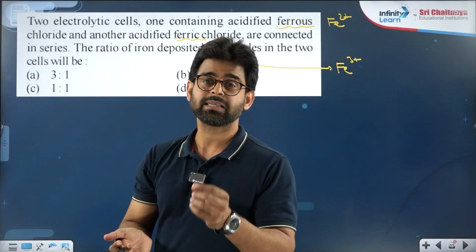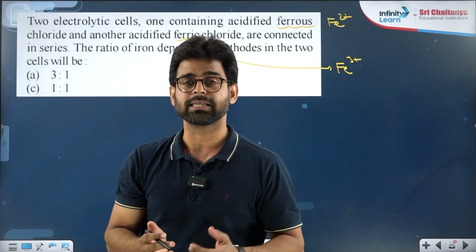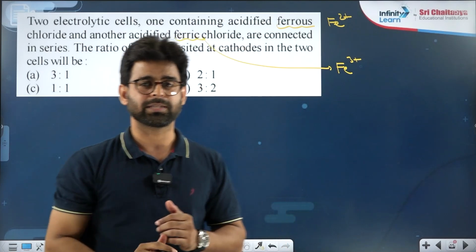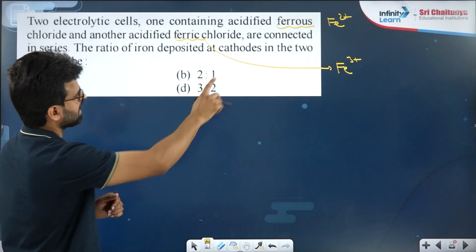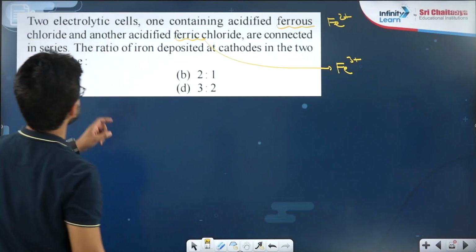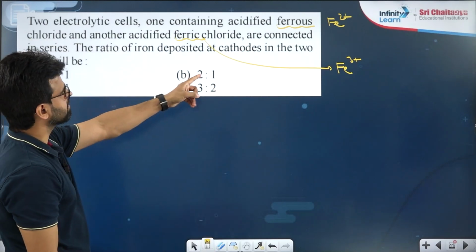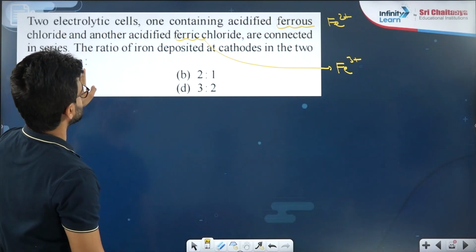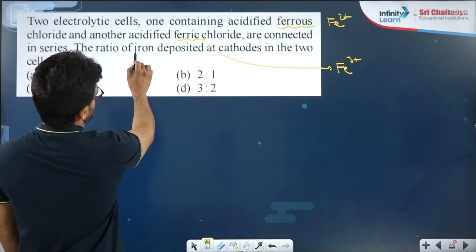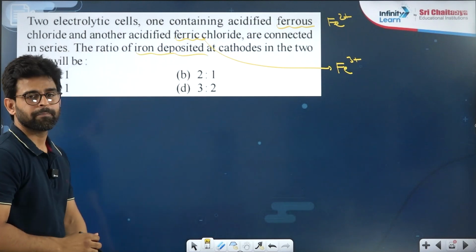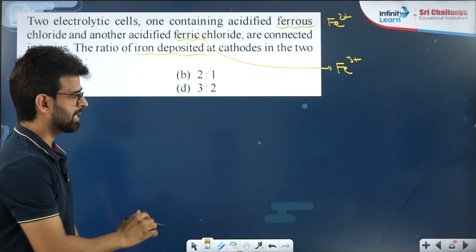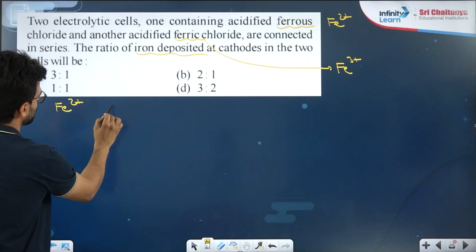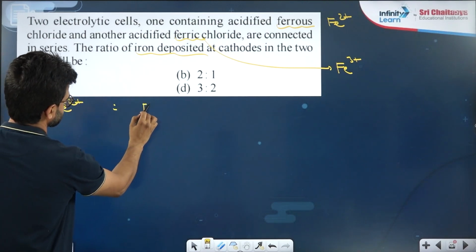First check; sometimes they can change the charge of ions. So the N factor will change and the equivalent weight also changes. Okay, so be careful about it. Fe plus 2 here, Fe plus 3. They are asking the ratio of iron deposited at the cathode in the two cells. Fine. Now we know the charge. One thing is Fe plus 2 and one thing is Fe plus 3.